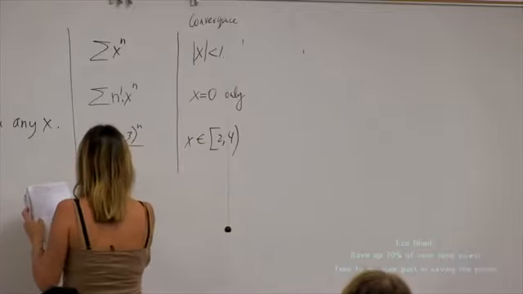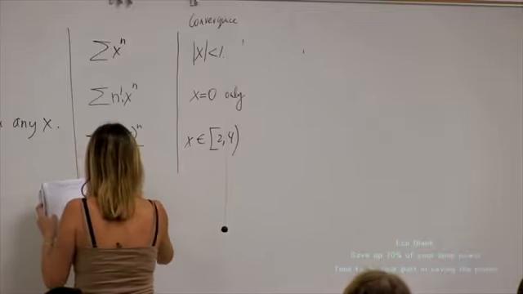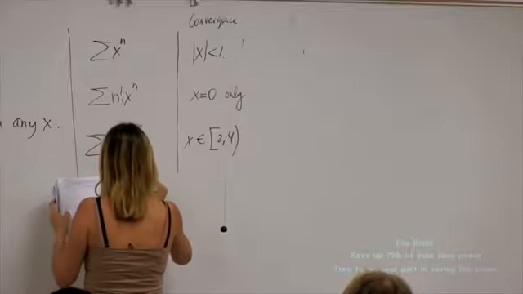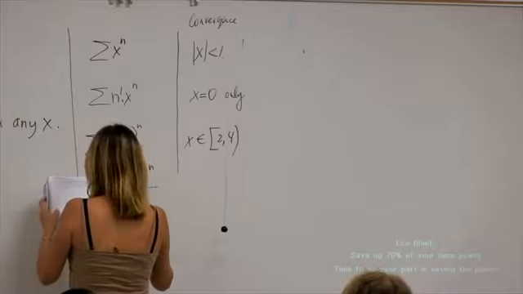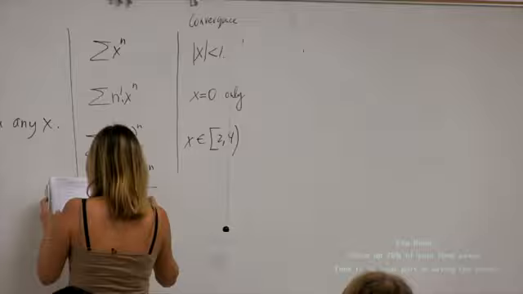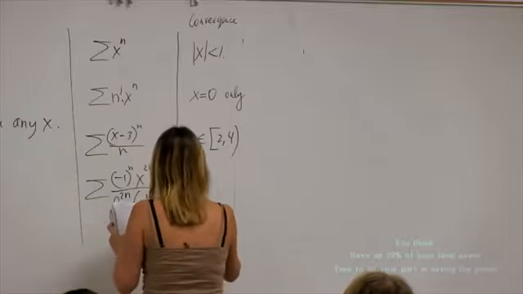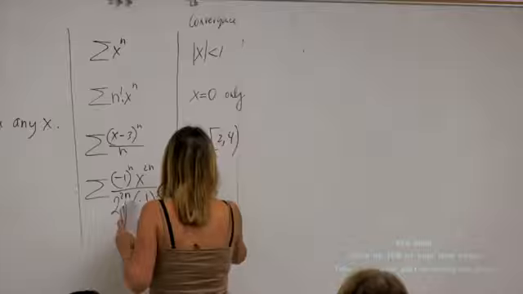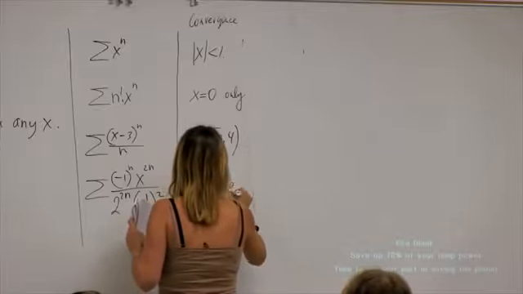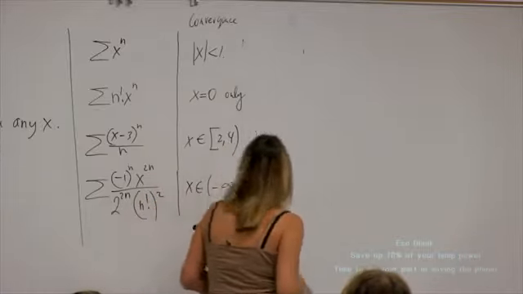And finally, we have the Bessel function, with 2 to the 2n, (n factorial) squared, and that guy converged for any x, so from minus infinity to infinity.